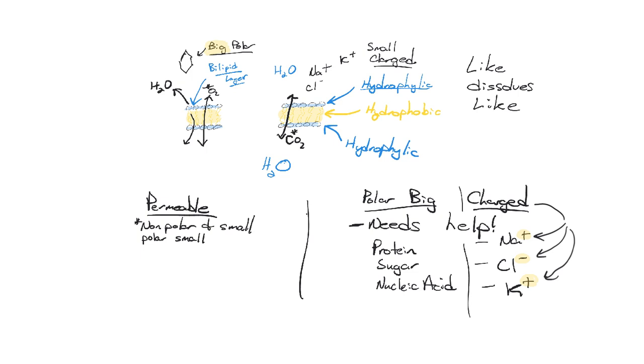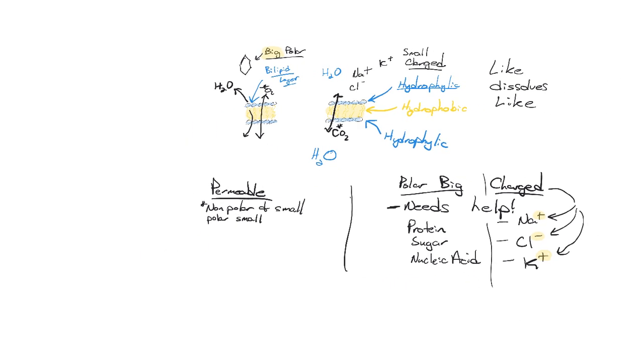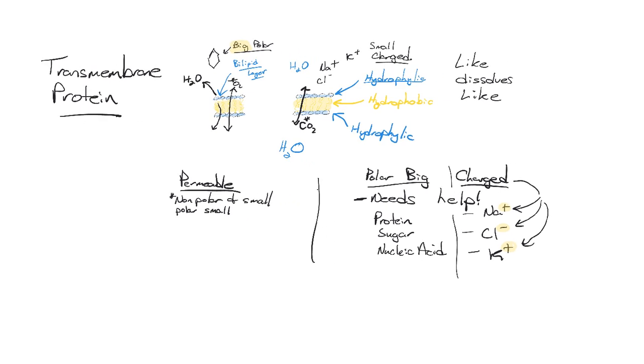So how do we get those through? We need a protein. We need a transmembrane protein. It's called a transmembrane protein. This is your window or your door. And a transmembrane protein can look something like this.